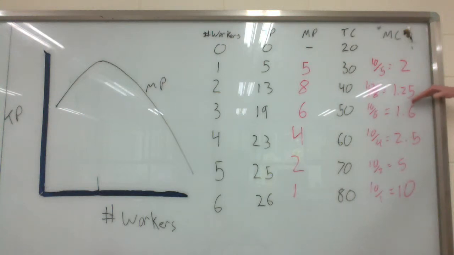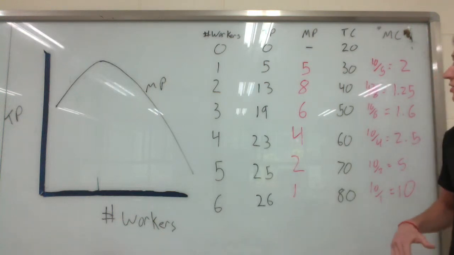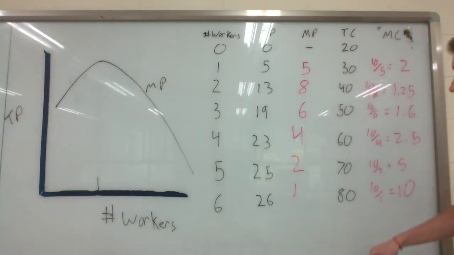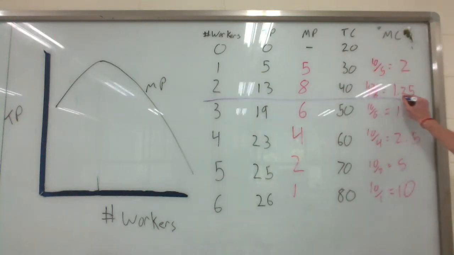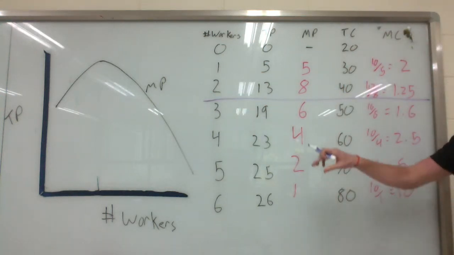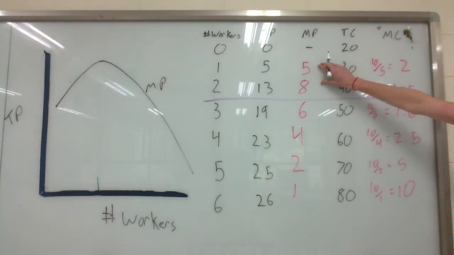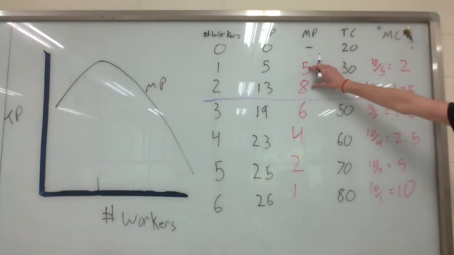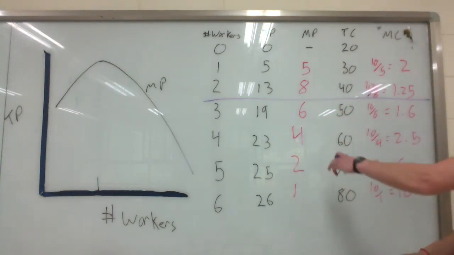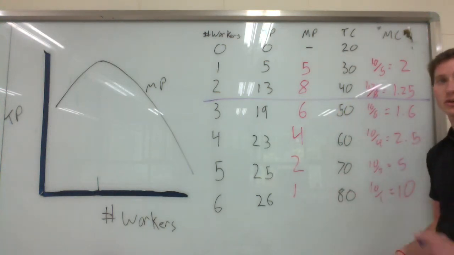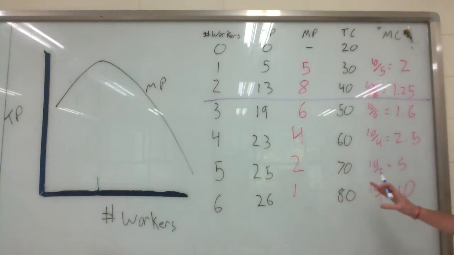But after that, we see increasing marginal cost, from 1.67, 2.5, 5, and then 10. So it's a very similar trend. At this point, after 2 workers, we had increasing marginal product and decreasing marginal cost. Well, after this, because we have diminishing marginal product, we see an increasing marginal cost.